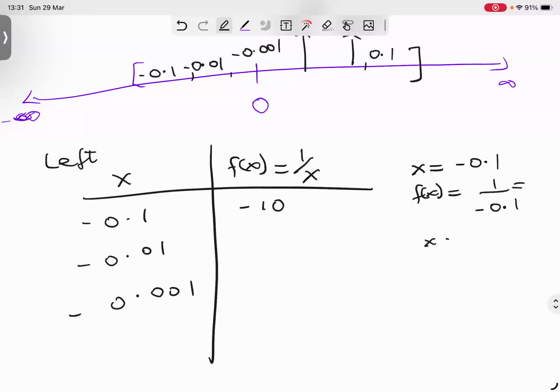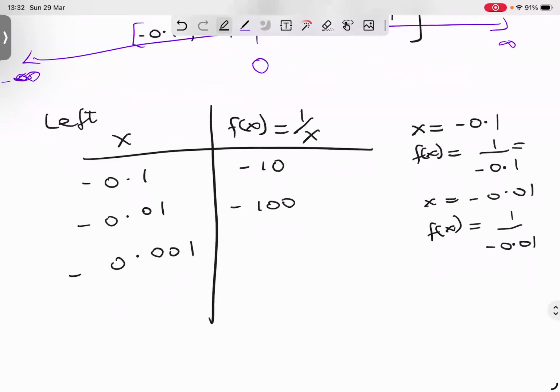Then when x is equal to negative 0.01, our f of x will be equal to 1 over negative 0.01, and that will be negative 100.